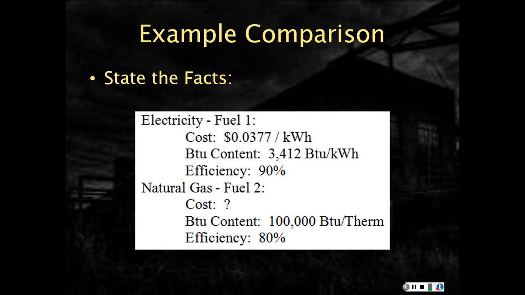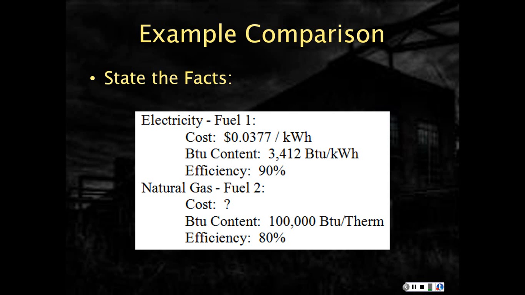So doing this comparison, first we want to write down the facts that we know. So we know all the information on the electrical side. We know the cost, we know the BTU content for electricity, and we know the efficiency of the overall process. Natural gas is what we're contemplating. We want to know where these two equal each other.